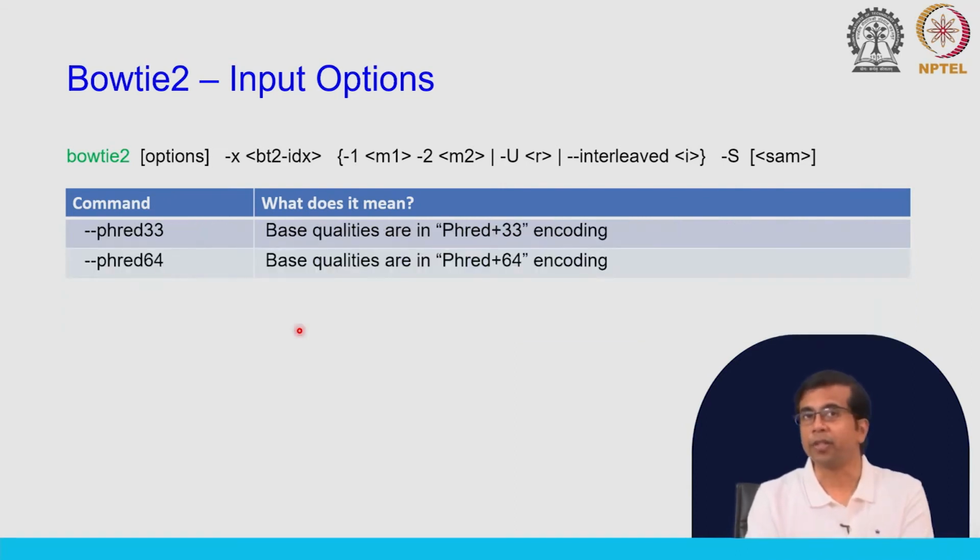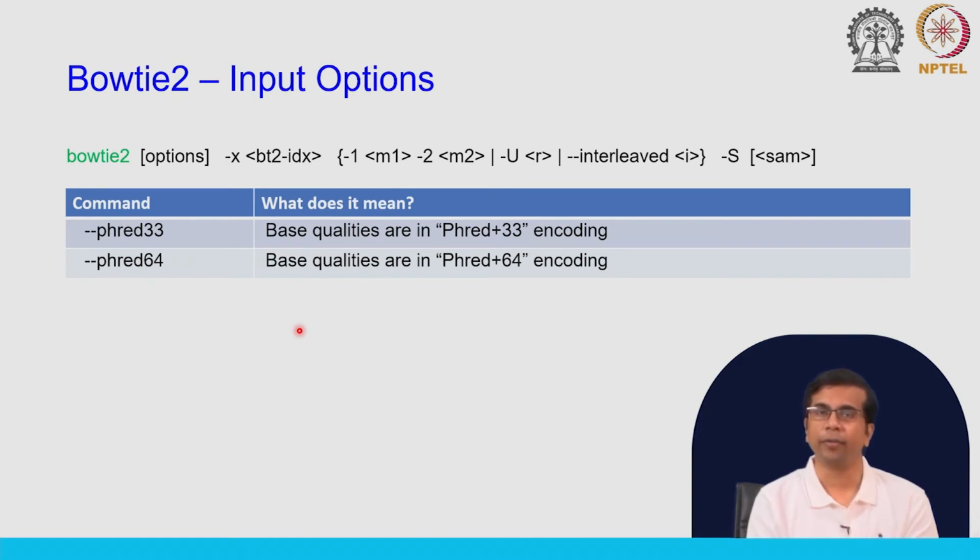Then there are two other input options, which are also very useful. The earlier options were related to trimming reads for mapping. While mapping the reads, Bowtie2 will just trim the ends and then do the mapping. Here these two options relate to the quality of the bases.